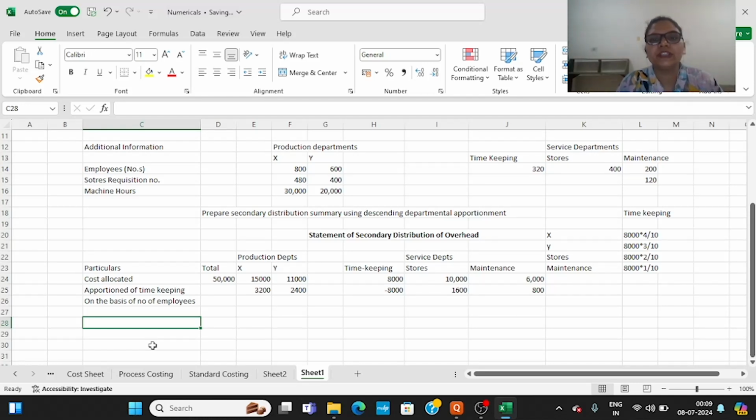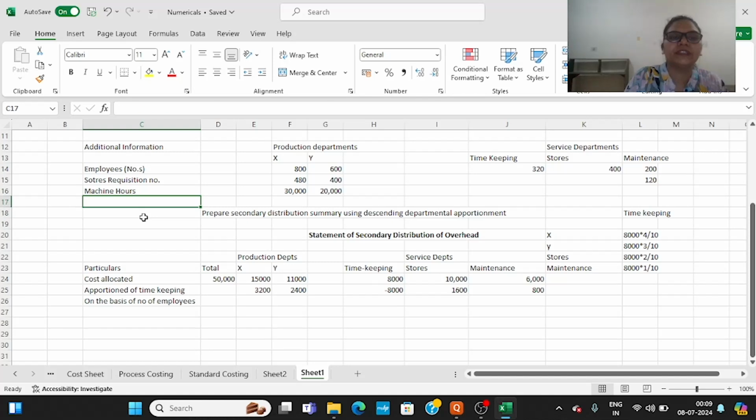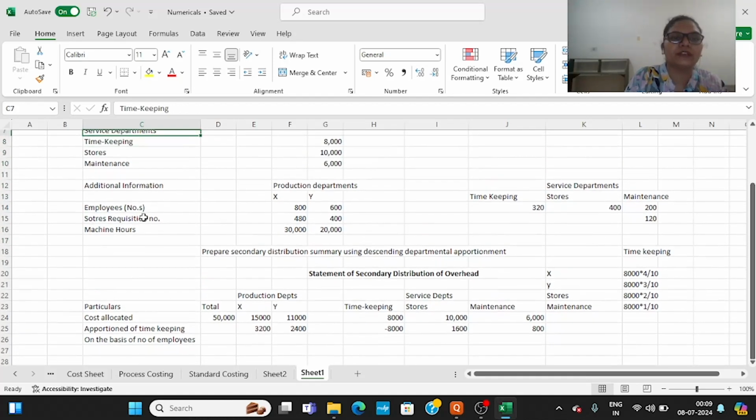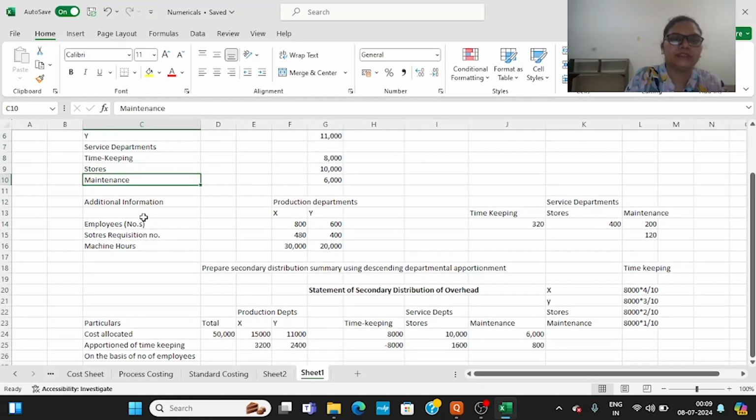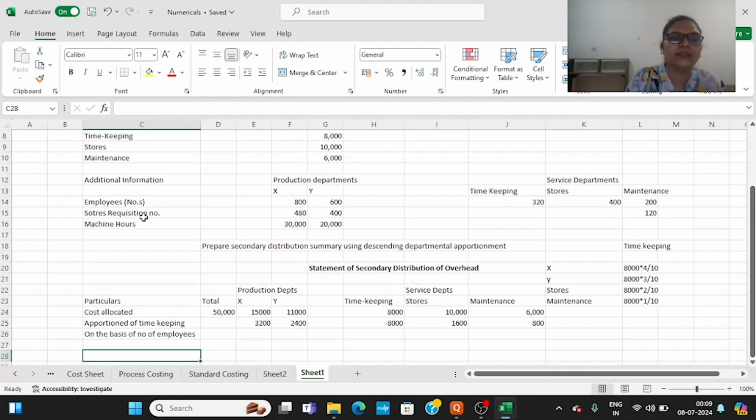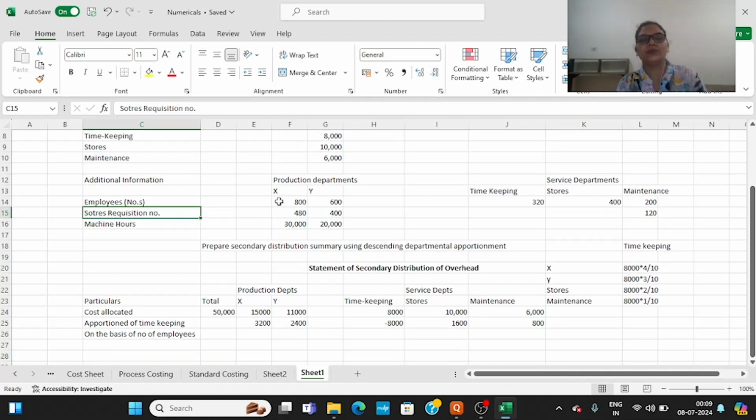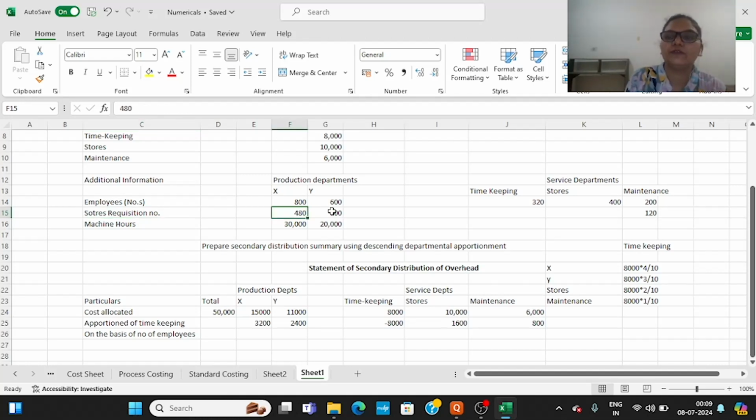Stores requisition has been allocated on the basis of stores requisition only. We have stores requisition cost over here, 10,000 rupees. Now 10,000 rupees we will allocate on the basis of stores requisition number, that is 480, 400 and 120.